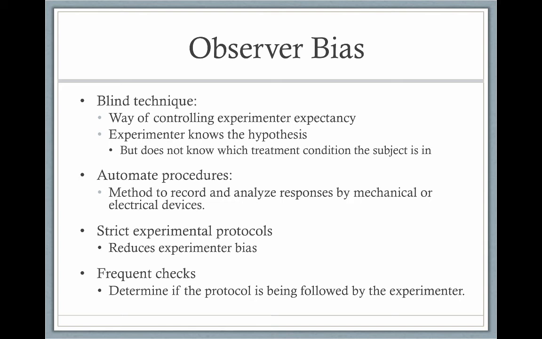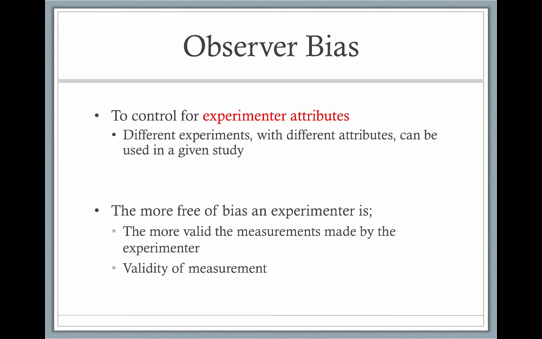Frequent checks determine if the protocol is being followed by the experimenter. To control for experimenter attributes, different experimenters with different attributes can be used in a given study. The more free of bias an experiment is, the more valid the measurements made by the experimenter.